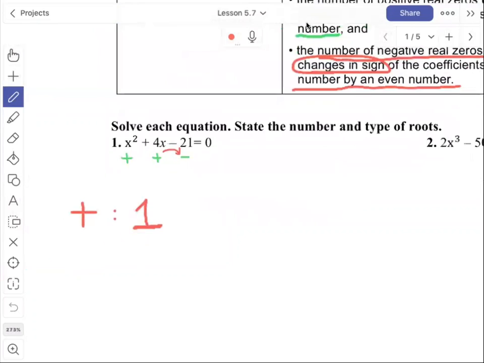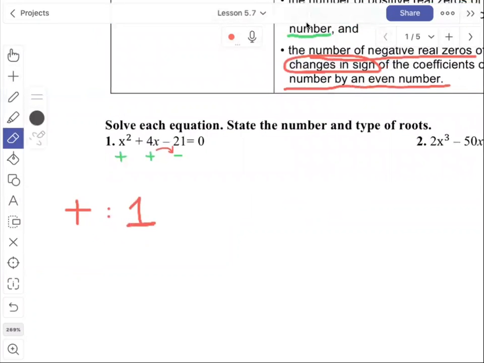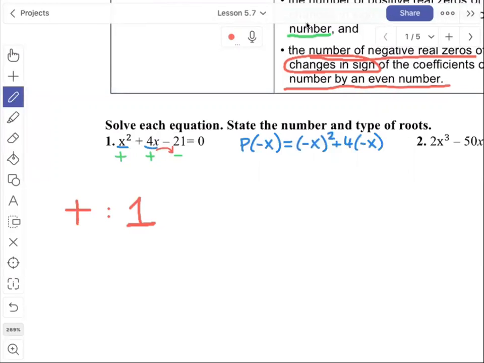Okay, so if I do p of -x, let me erase this, sorry. Oh, I can't erase it, never mind. Let me go ahead and plug in -x. So this is (-x)² for this first term, plus 4 times -x for the second term, minus 21.